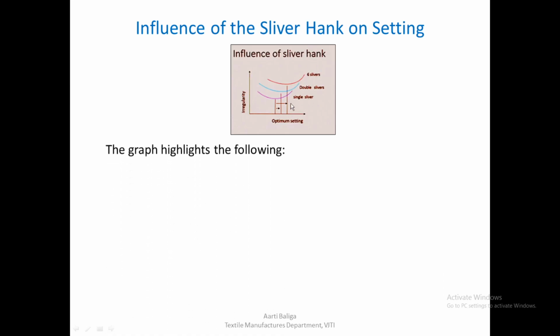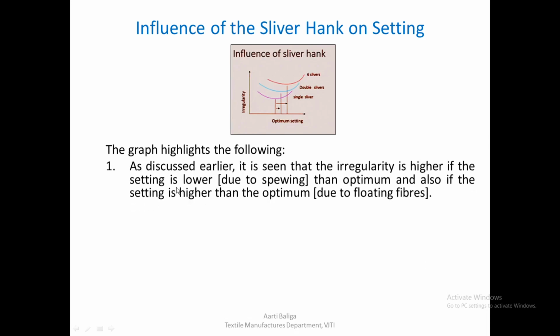So what is the explanation for this? The graph highlights the following things. As discussed earlier, it is seen that the irregularity is higher if the setting is lower. That means if we take any one of these graphs, say this one, then as soon as your setting is lower than the optimum, the irregularity is increasing, and that is because of spewing, which we have again discussed earlier.